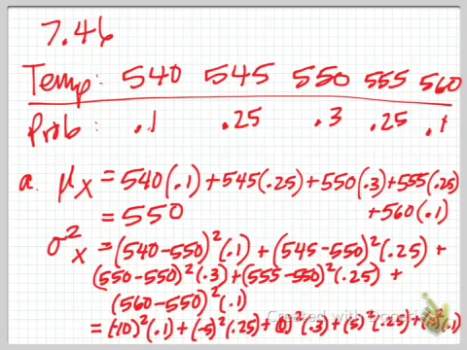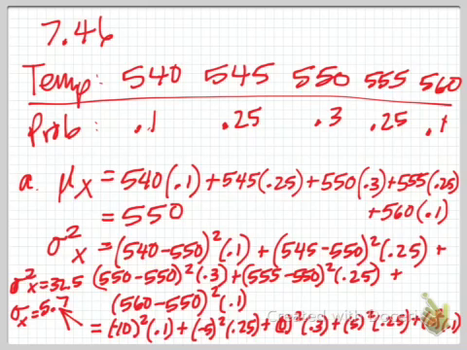Okay, I did this calculation here on the bottom of the screen, and I got the variance to be 32.5. When I square root that, the standard deviation is roughly 5.7. Okay, let's pause and go on to part B.